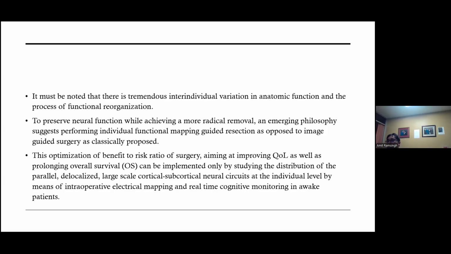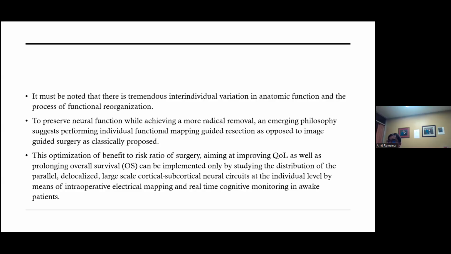So in order to preserve neural function while achieving a more radical removal, there's the emerging philosophy that suggests that individual functional mapping guided resection is now advocated as opposed to purely image-based guided surgery, as was classically proposed.